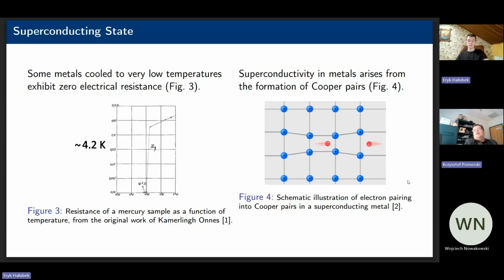Which can also mean that there is higher critical current density, as is observed in superconductors. So in a way, we can recognize this process, the mechanism of pairing of electrons, as the first stage of Bose-Einstein condensation at some point, right? Okay, thank you.